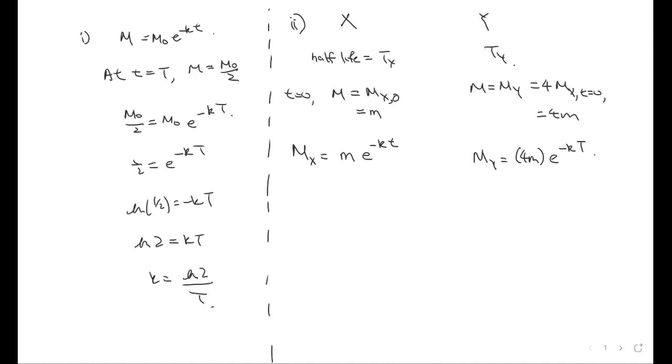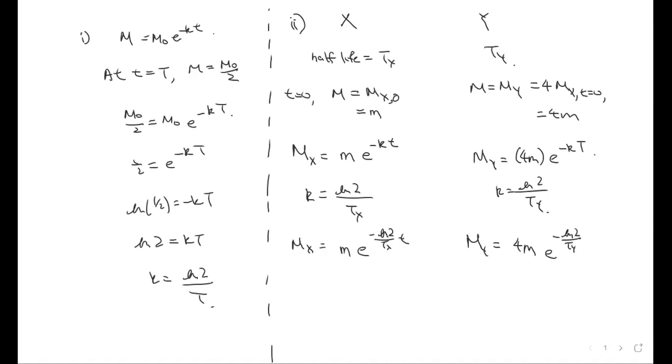So k equals log 2 over the half-life, in this case Tx, and the k here is log 2 over Ty. Subbing in our k, mx must equal m e to the negative log 2 over Tx times t, and my must equal 4m times e to the negative log 2 over Ty t. That should be a lowercase t there.